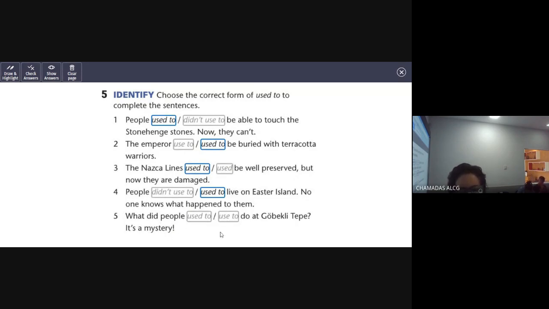And then here, the last one. What did people used to do? Because it's a question, okay, guys? So when there is a question, the verb comes back to normal. Göbekli Tepe. It's a mystery. Until today, nobody knows what they used to do there, okay?